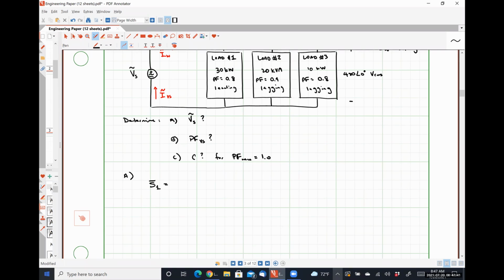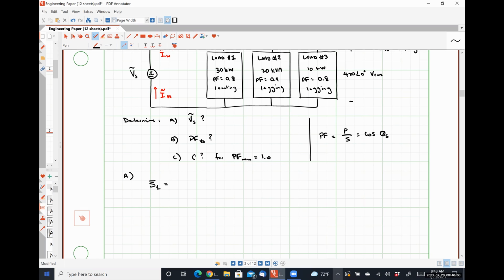So the relationship that we are going to be using here is really just the definition of power factor, right? Power factor is defined as the ratio of the average power to the apparent power, and it's also the cosine of the power factor angle, theta S, right?